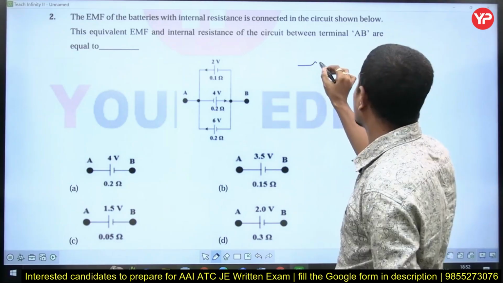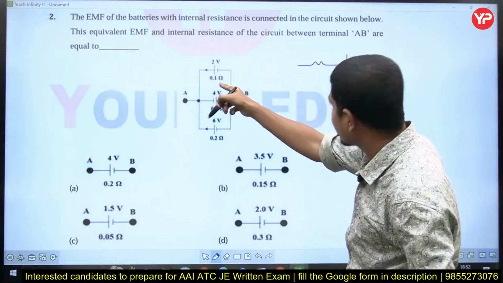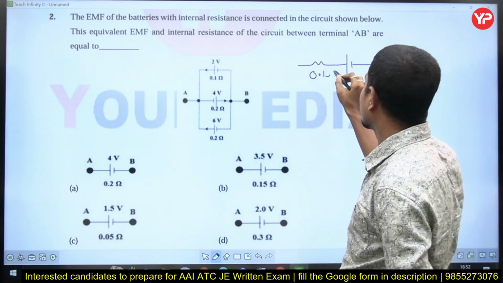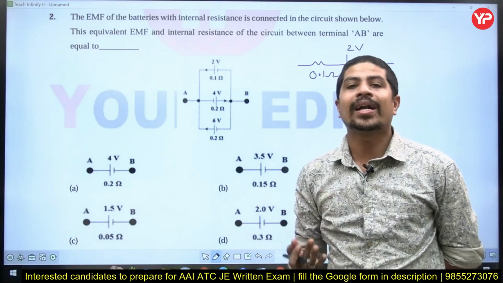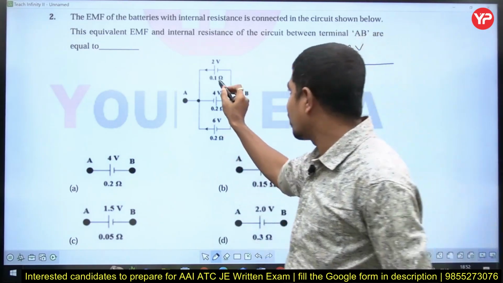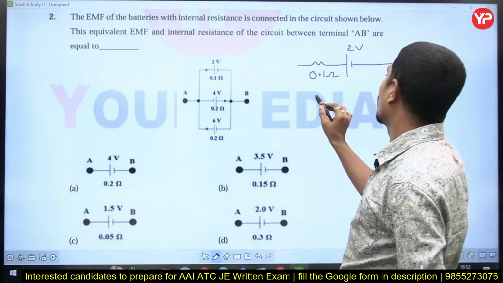I represent it this way. Any voltage source's internal resistance must be represented in series. He gave the value, but I am representing it, because further I need to convert it into another form, right?